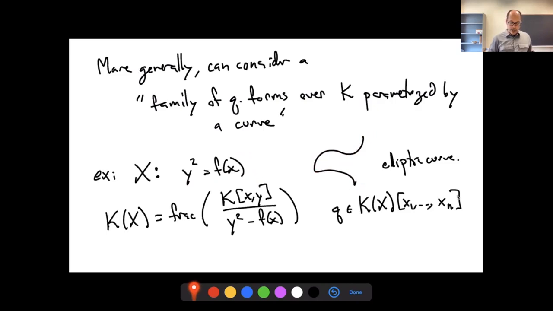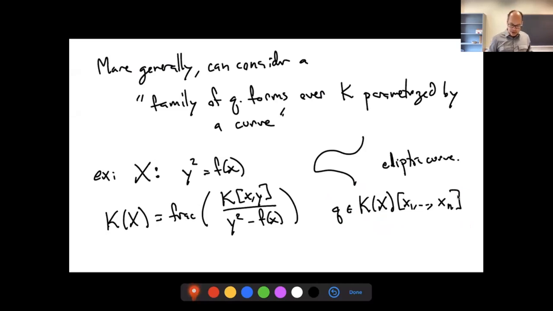If you look at polynomial functions in x and y, where you identify y squared with f of x, then what you're essentially doing is describing functions on this elliptic curve. Then I can look at the fraction field of this, which gives me rational functions on this elliptic curve. And then I could ask, if I have some quadratic form whose coefficients are functions on my elliptic curve, can I then parameterize these solutions?